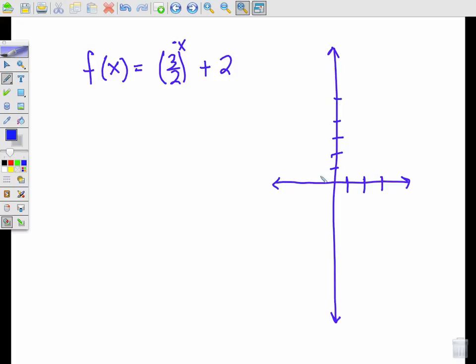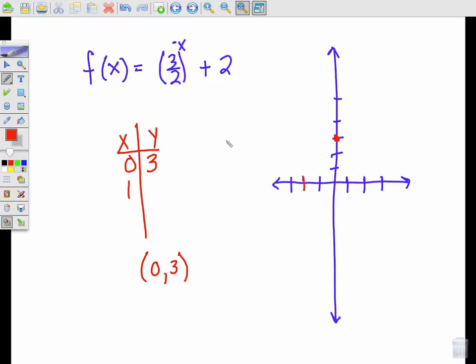But we can build a table of values and plot a few points. Let's go ahead and put in 0. What happens when I put 0 in? I get 3/2 to the 0, so 1 plus 2 is 3, so I'm up at (0, 3). So I know my y-intercept is (0, 3).